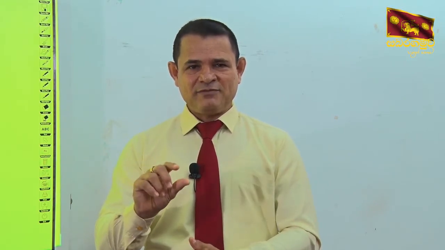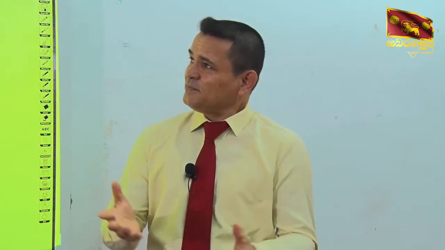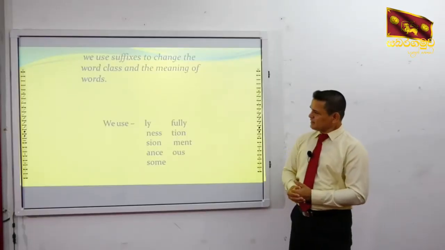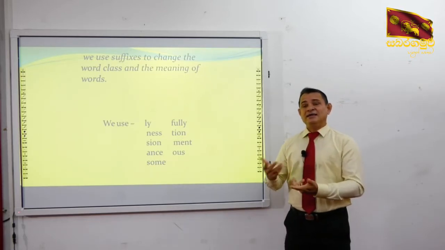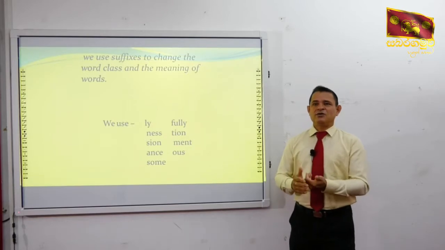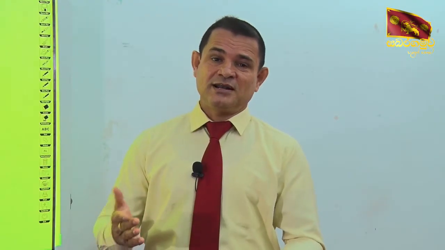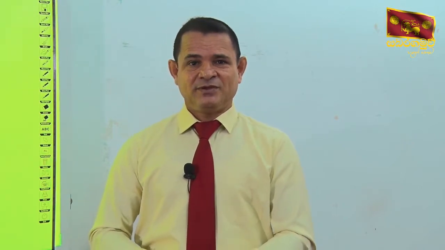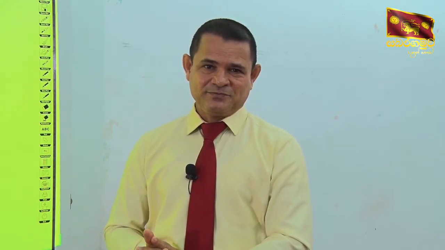So they are called prefixes and suffixes. By adding these things you change the word class. Sometimes by adding these things you can make adjectives. Sometimes a noun becomes an adverb or adjective, right? Or else a verb becomes an adjective. So by adding these suffixes, let's have that knowledge also.